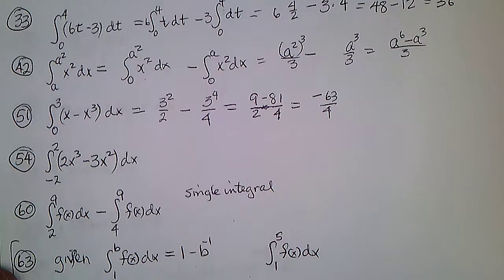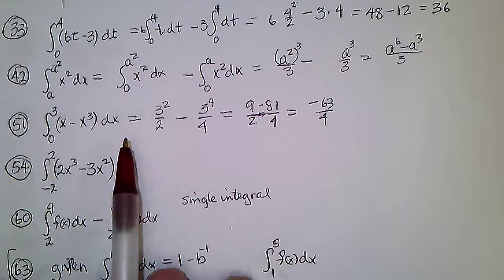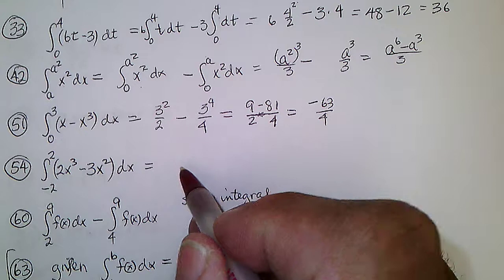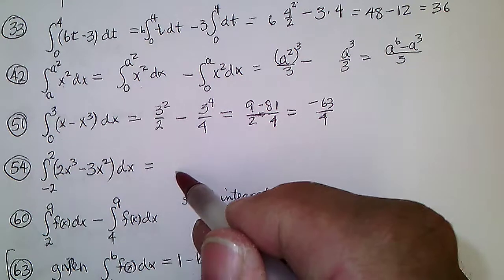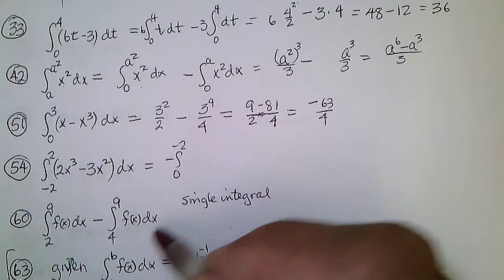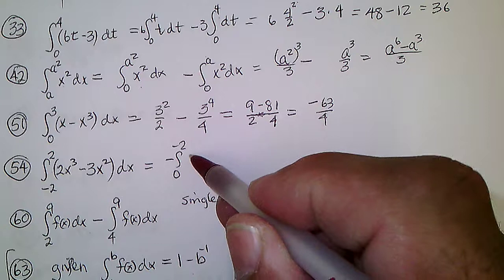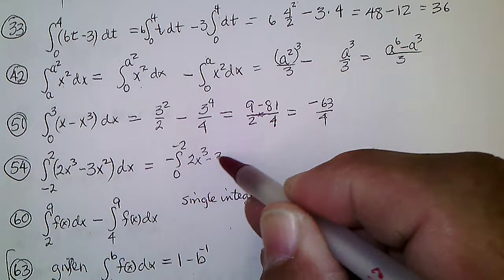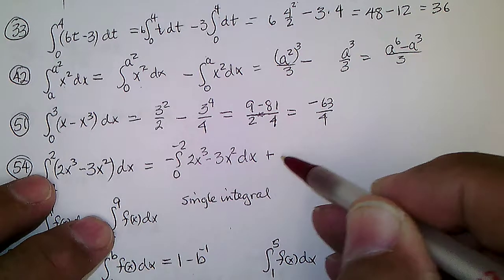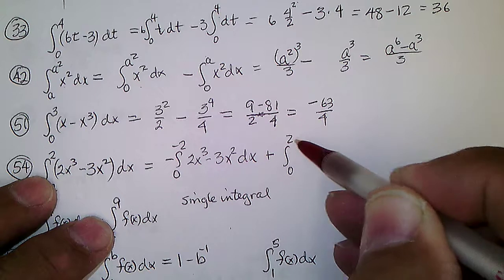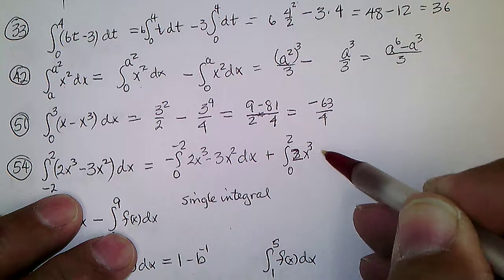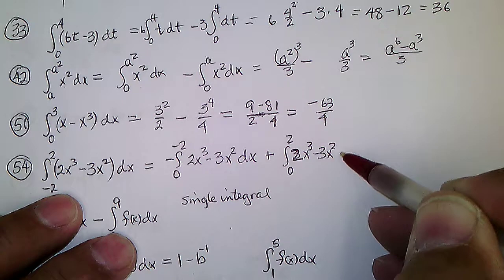On 54, we have a similar deal to what we had here. We're going to split it into 2. Instead of from -2 to 0, we'll go from 0 to -2. We have to go opposite because I'm turning it around. And that would be the integral of 2x to the third minus 3x squared, plus from 0 to 2 of 2x to the third minus 3x squared.